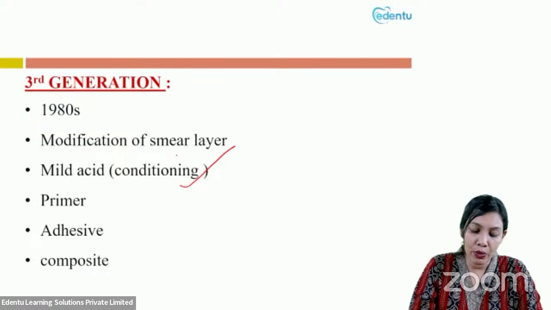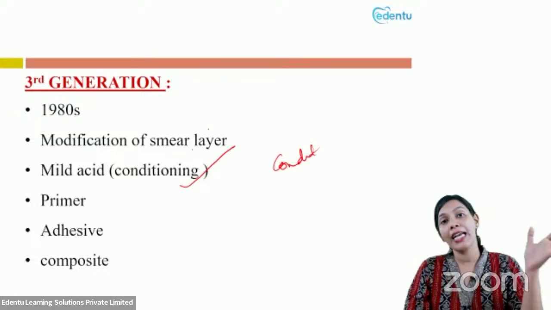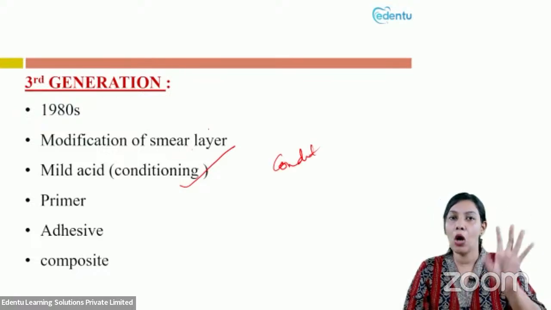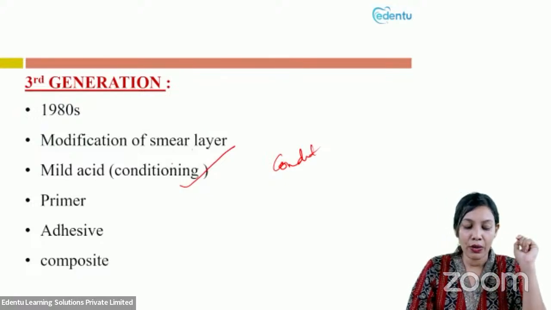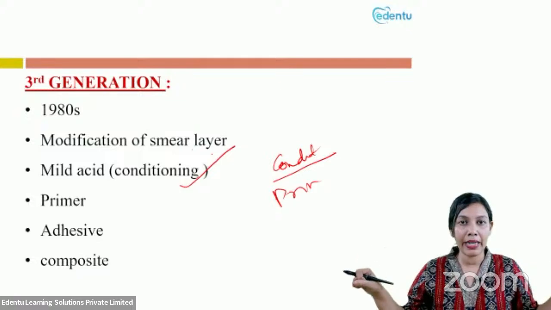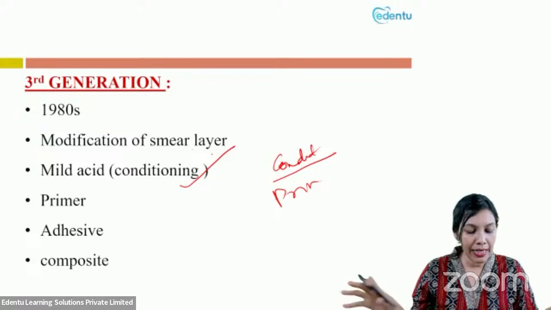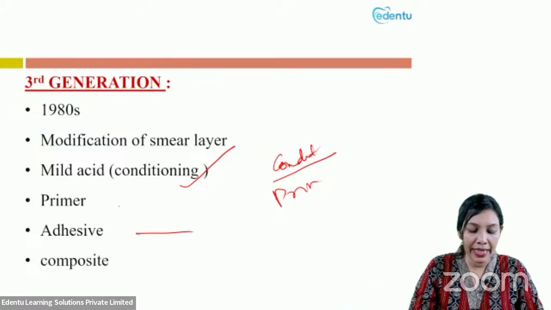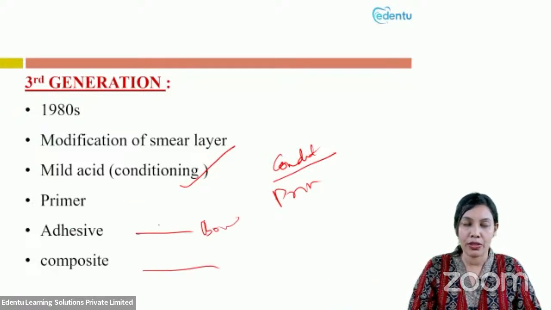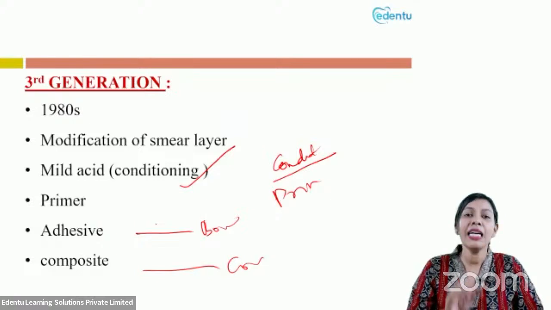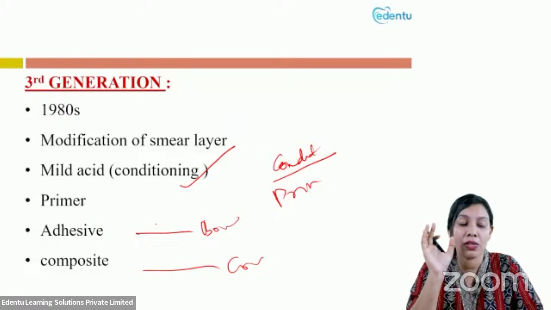So from here, we used conditioners. In the first case, only etching and the composite were used. Here we use conditioning and we use primer. Primer means the two-handed person who can attach to the composite on one side and enamel on the other side, and then we add the bonding agent and then the composite, right? Here, just modification of the smear layer was done.